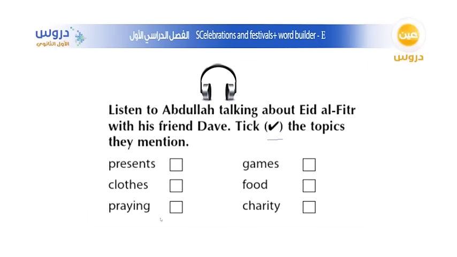Oh, of course. You've just finished Ramadan, haven't you? Yes, and today's Eid. And how do you celebrate Eid? Well, at home in Saudi Arabia, we get up early and get dressed in our finest clothes. Like you are today? Yes.